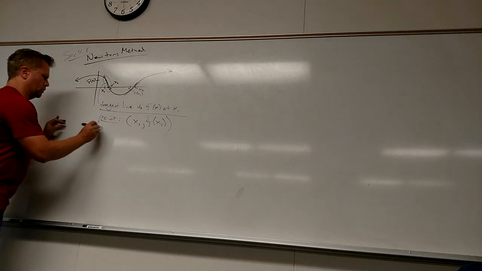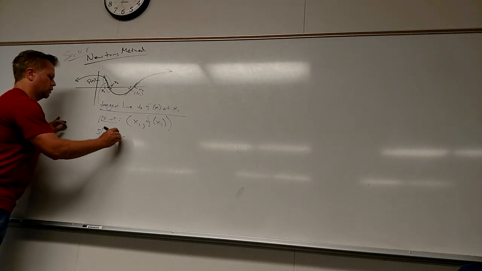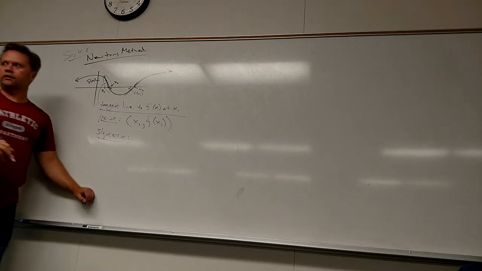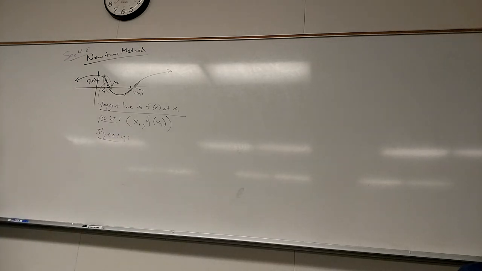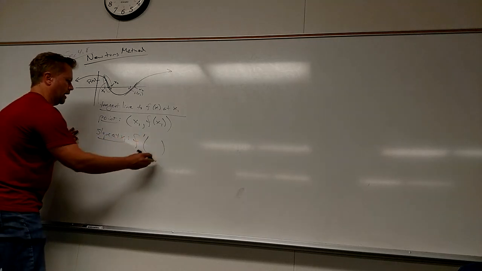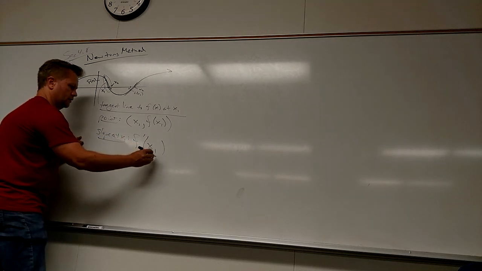What about the slope? How do I get the slope at x1? What's the calculus word for slope? Derivative. So I take the derivative of f and evaluate it at x1.